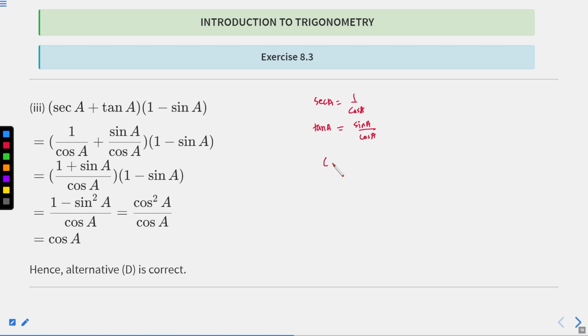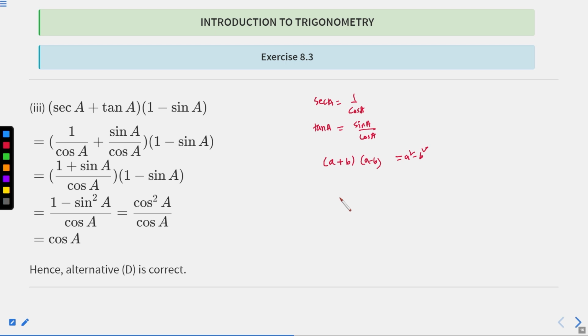And now you can use the identity (a + b)(a − b) = a² − b². If you use this identity for simplifying, then you'll get (1 − sin²a) divided by cos a.